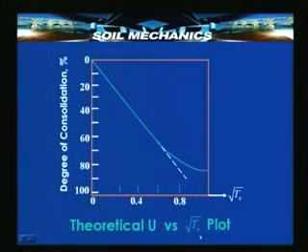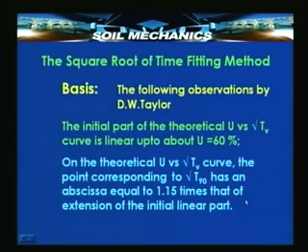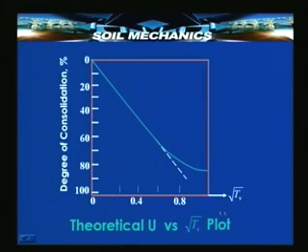Being a curve fitting method, essentially it is a graphical procedure. So, take the theoretical U versus root of TV: degree of consolidation is plotted here in the vertical direction and root of time is plotted in the horizontal direction. We had seen earlier that this U versus T curve was a curve going somewhat like this, whereas now we find that once it is plotted against root of time, it has become almost a straight line.